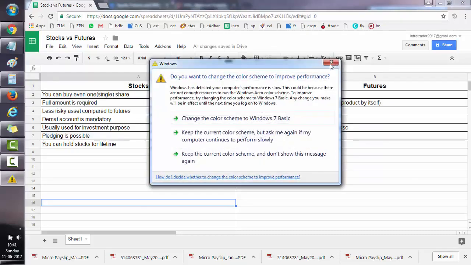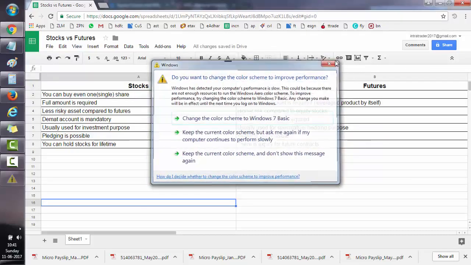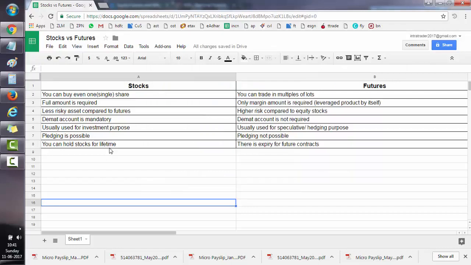And stocks are usually used for investment purposes. That means you normally invest in stock so that your money will grow, and if the company also grows in the meantime, you can cash in by investing in that particular stock.